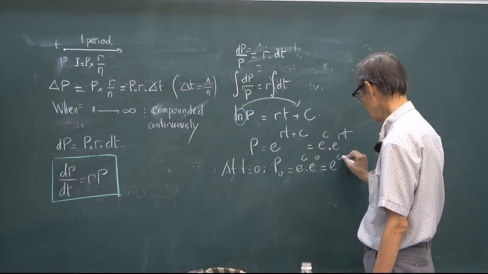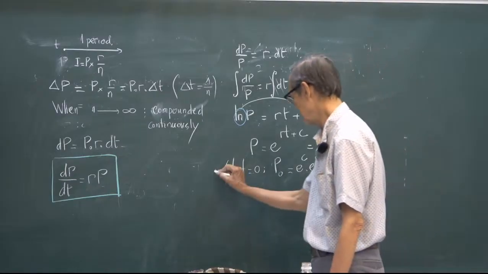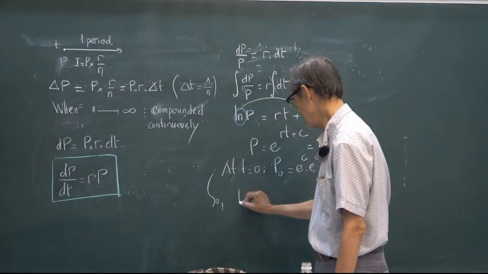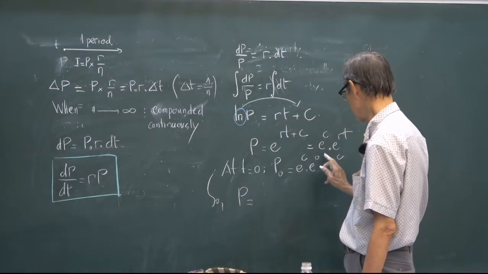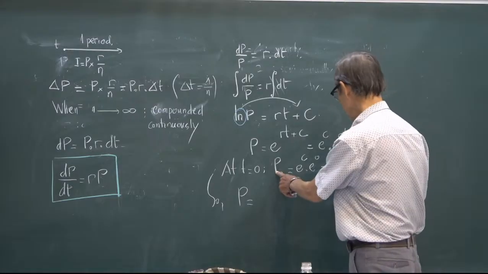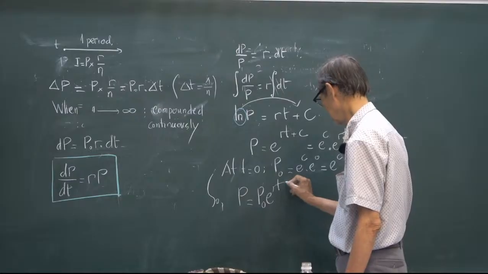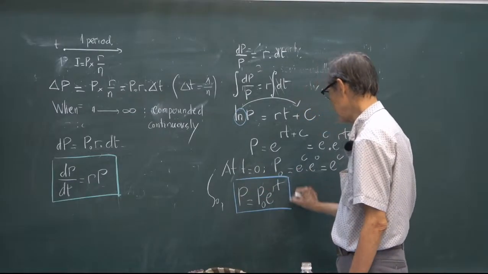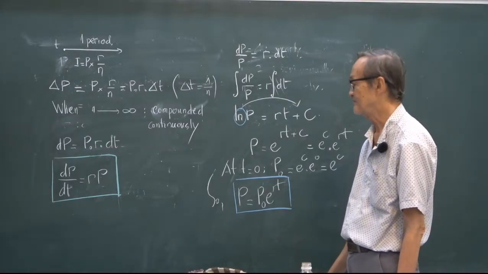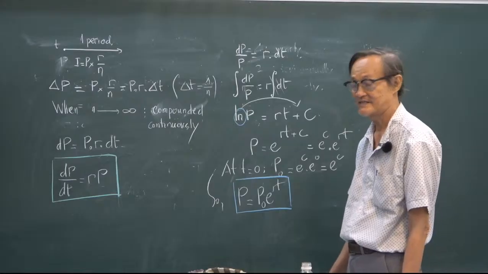So the right hand side is e power c, and we have P0 equals e power c. This is the formula for the case of compounded continuously.